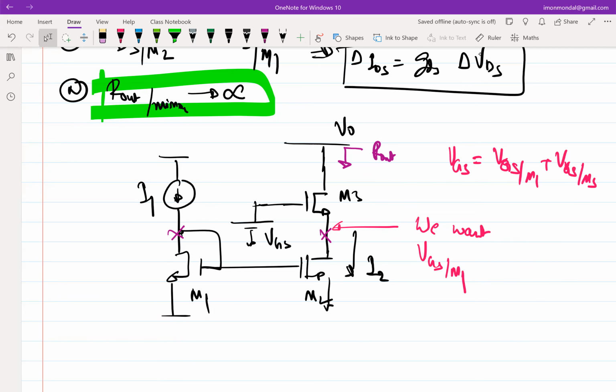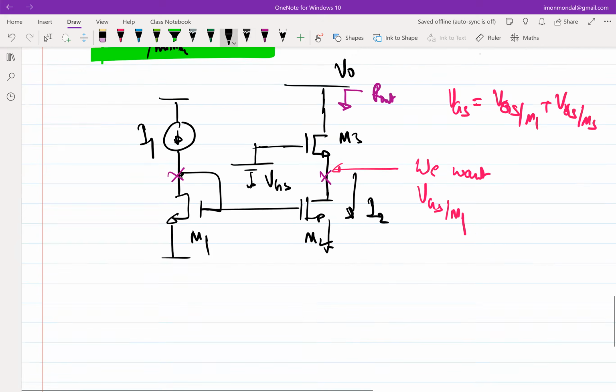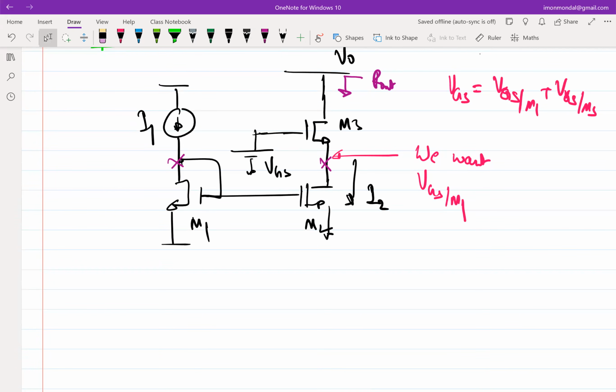Okay. So we want approximately 2 VGS. Let's say forget about 2 VGS. If we want 1 VGS, what is the way to generate that VGS voltage? Right. So essentially a diode connected transistor, the voltage that is generated is 1 VGS. Correct?